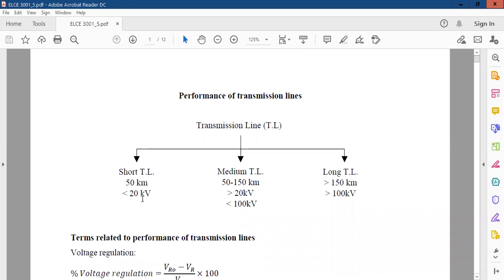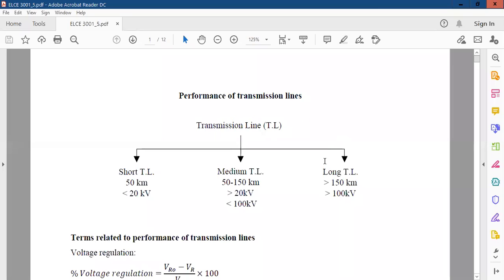When we see transmitting voltage is less than 20 kilovolt, we will assume that it's a short transmission line, and then we will apply the rules of short transmission line. When the distance is between 50 and 150 kilometers, and the transmitting voltage is between 20 kilovolt and 100 kilovolt, we will have a medium transmission line. Other than that, we have long transmission line.